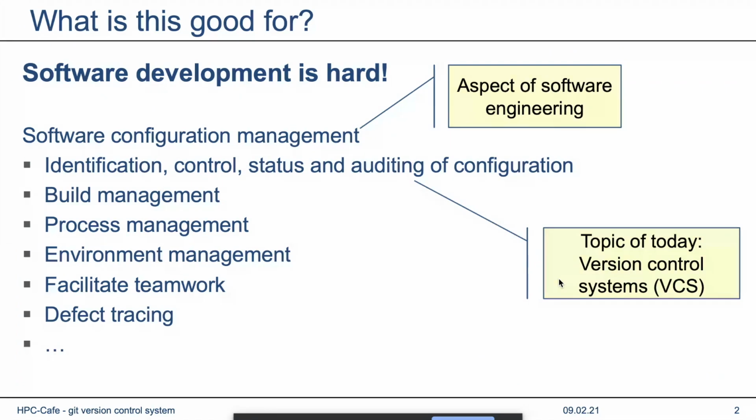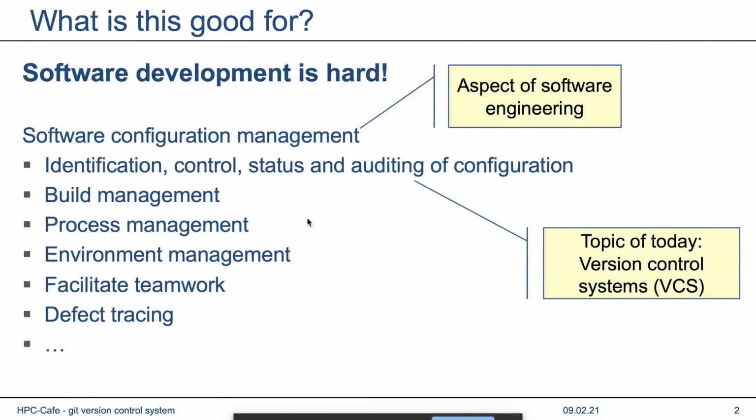And one aspect of software engineering, the art or the craft of writing software in a professional way, is software configuration management. Software configuration management, again, consists of several different things. And one of them is what is called, I have this from Wikipedia, of course, identification, control, status, and auditing of configuration. And this is the topic of today.